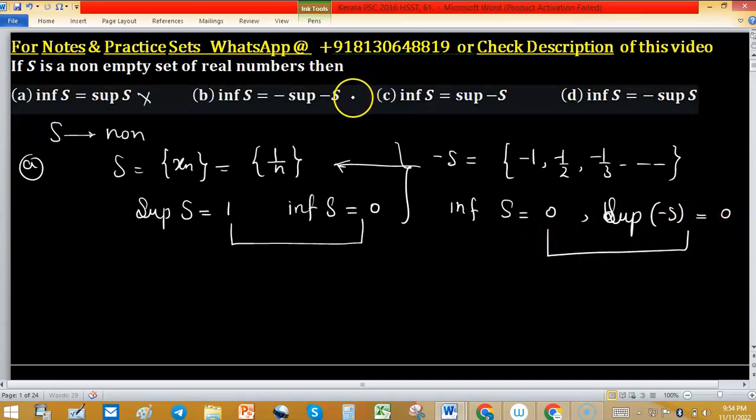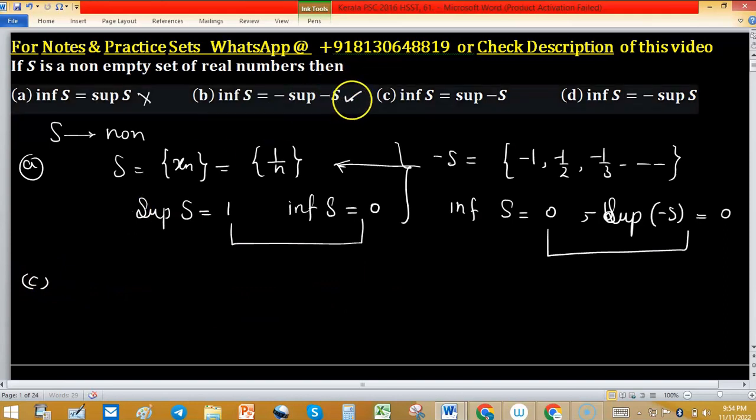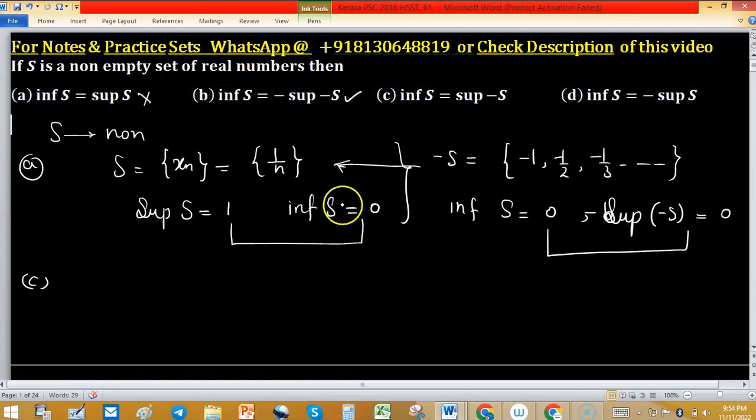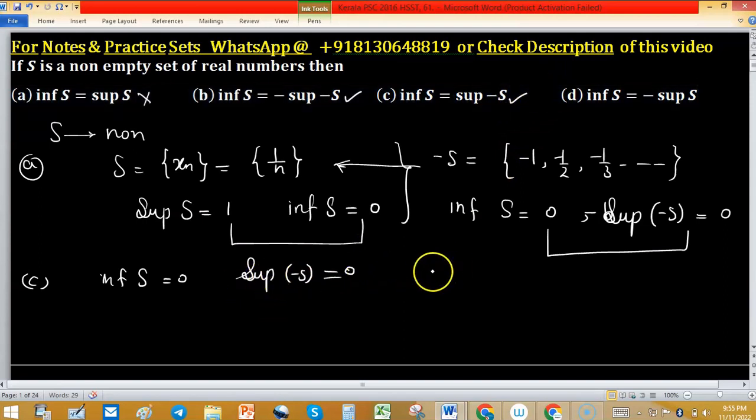So option B might be true if I take the negative also. In option C, we are not confirming option B is perfect. In other cases it may be wrong, but it seems it may be true. For option C, the infimum of S is 0 and the supremum of minus S is also 0. So option C might be true.